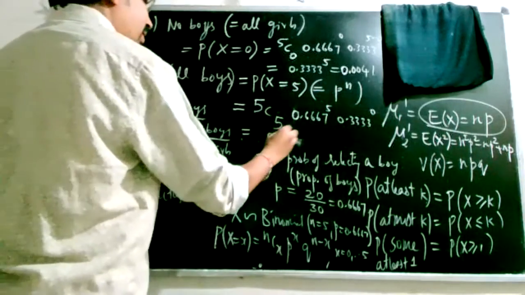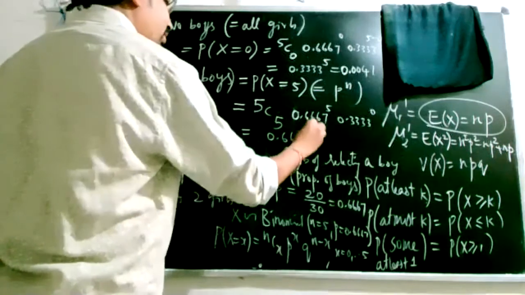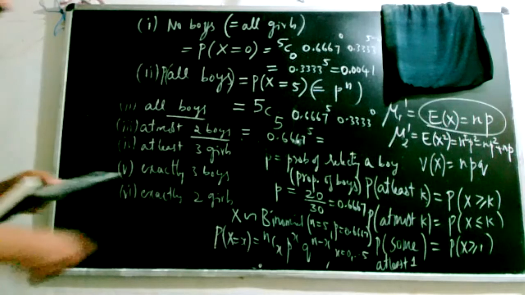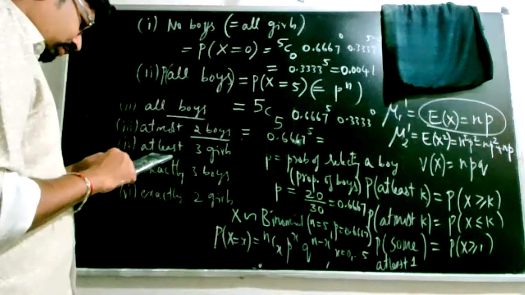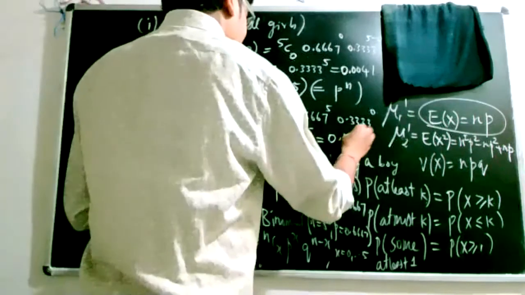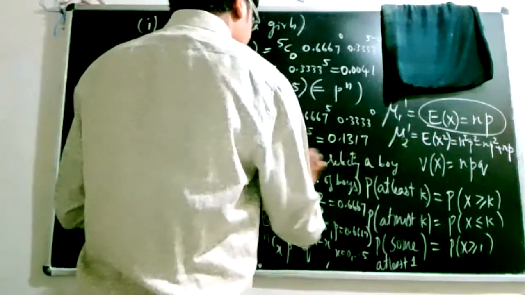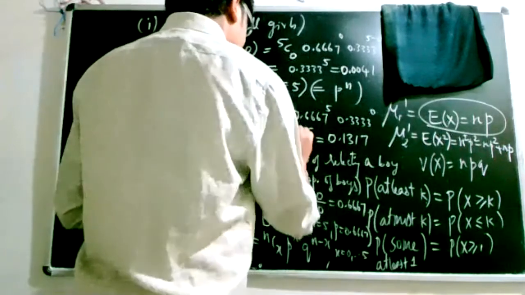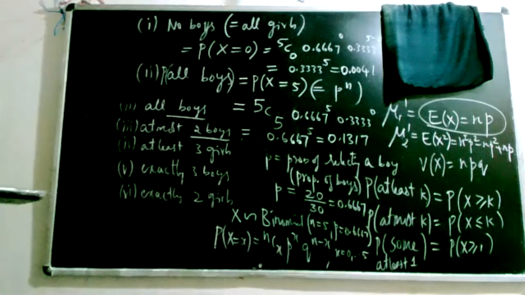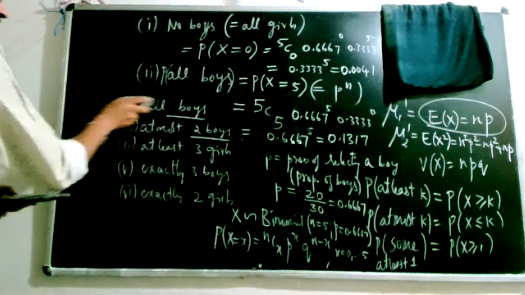So this just becomes 0.6667 to the power of 5, which is 0.1317. So that is the second question.